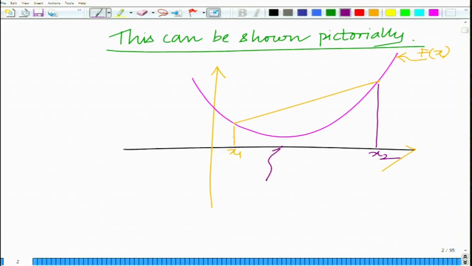x1 and x2 that lies along the line. So, this is your theta times x1 plus 1 minus theta times x2.